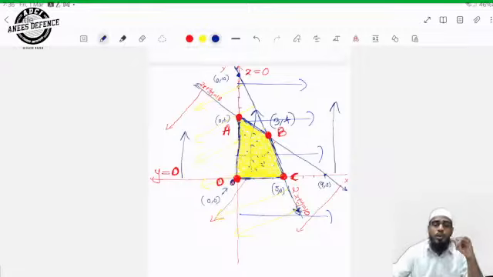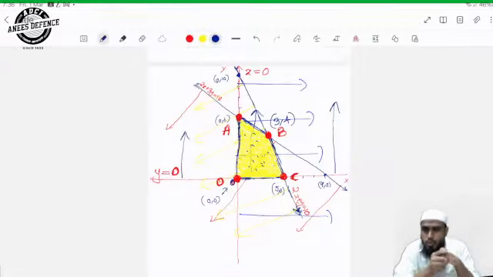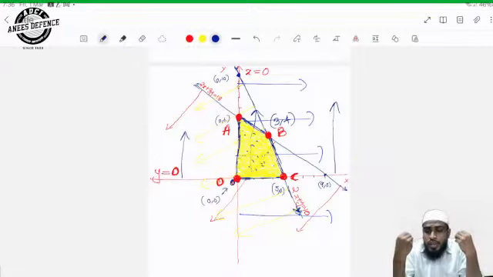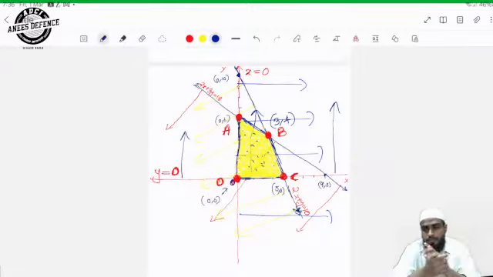First of all, if for all the given constraints there is a common area, we can say that we have a solution. If for all the constraints there is no common area, there is no solution. If a common area is there, we have a solution.